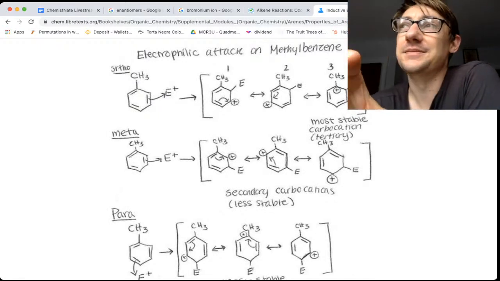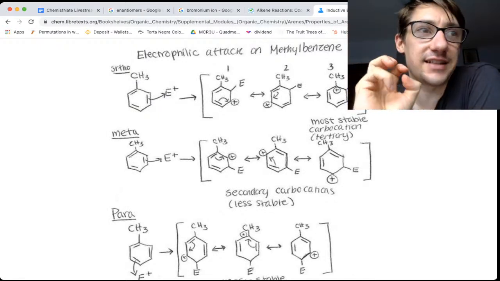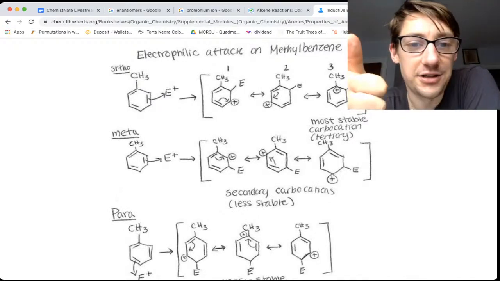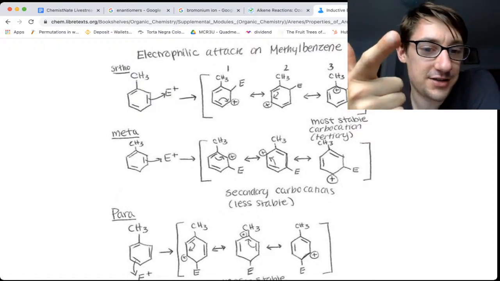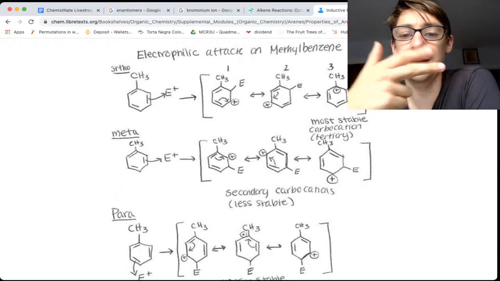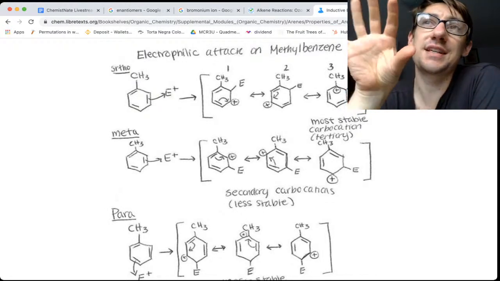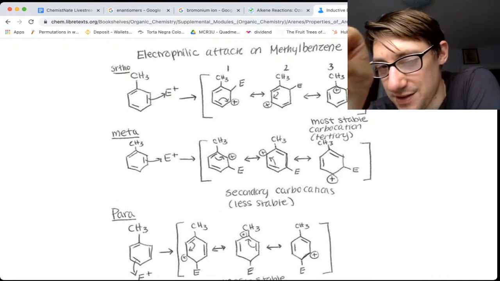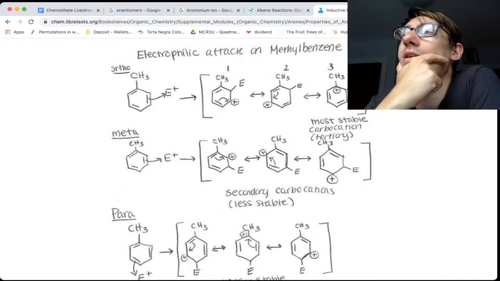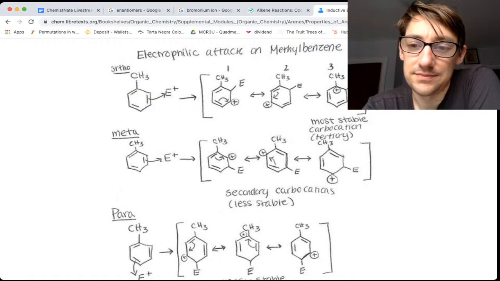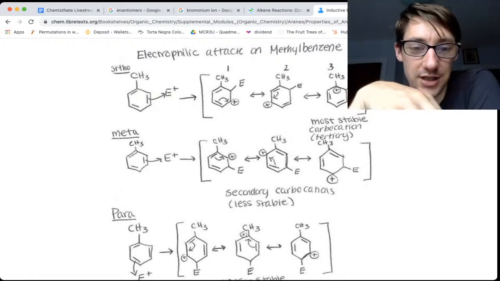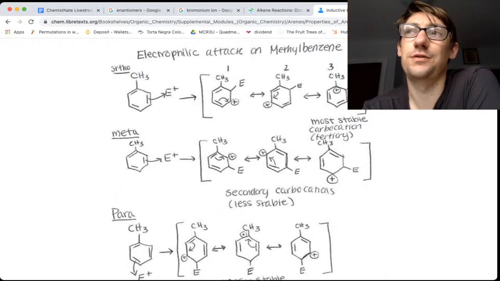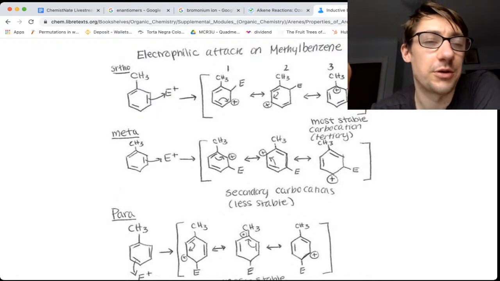What I'm reading here is that what they call electron-donating groups, which you just have to memorize as alkyls or things that have oxygen or nitrogen directly attached to the ring, can help donate electron density to the positive charge that's formed, and therefore it stabilizes the positive charge and makes it more likely that the electrophile could have been in the ortho or para position.